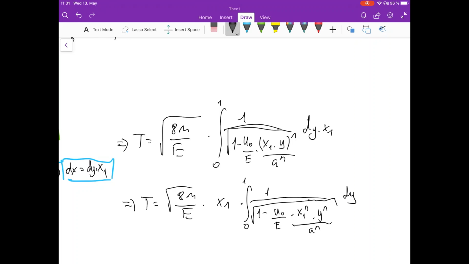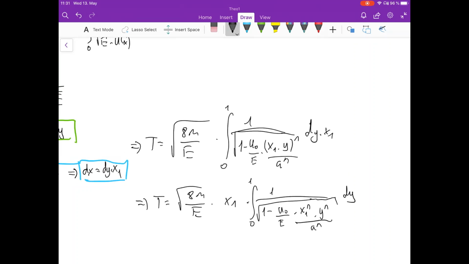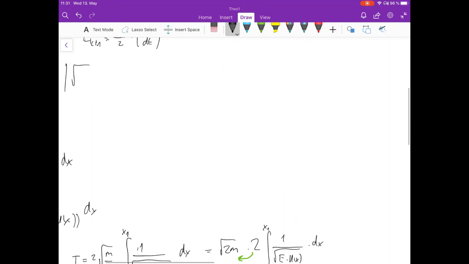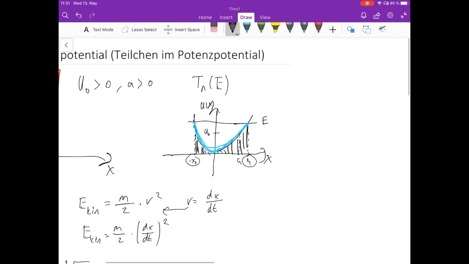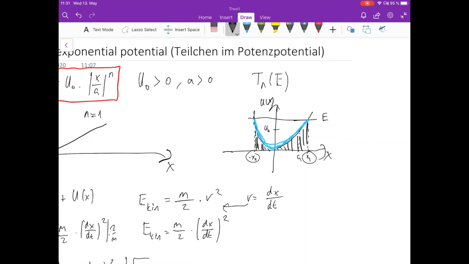So yeah, now our border is from 0 to 1, and we still have an integral we can't solve. So let's head back again and think about it.